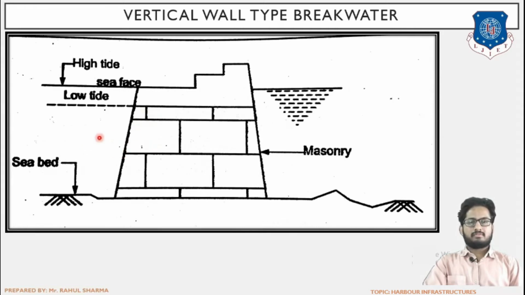So the waves which are incident on this wall will impart force on it and will get reflected back without very high dissipation of energy, or with very low dissipation of energy. Why? Because for dissipating energy one needs to have voids or empty space through which the water and waves can pass, dash and dissipate their energy. But here there is no existence of any voids.